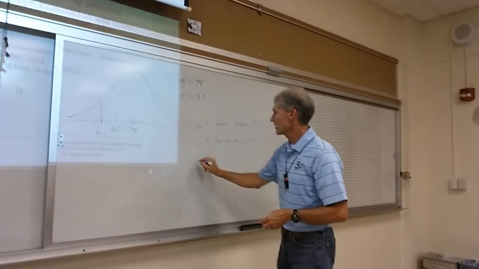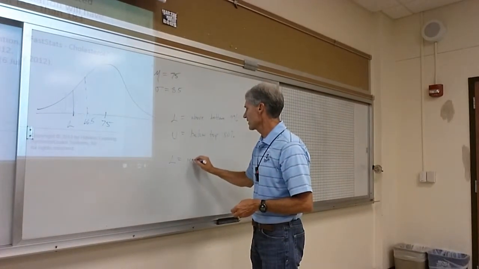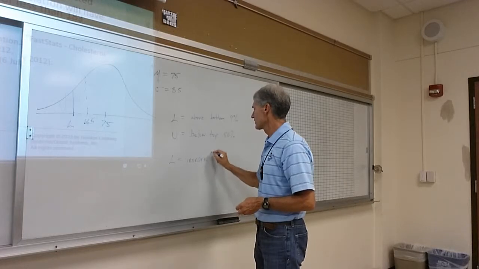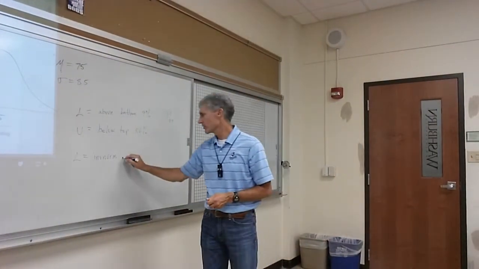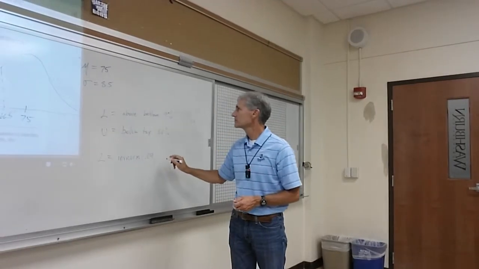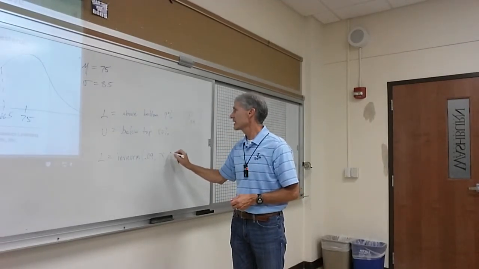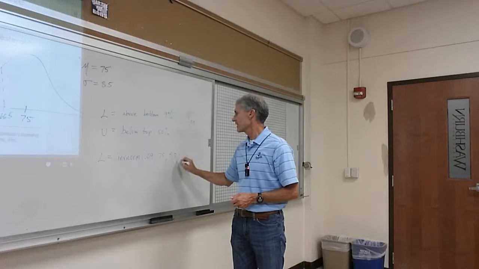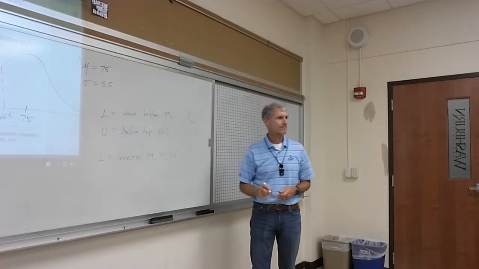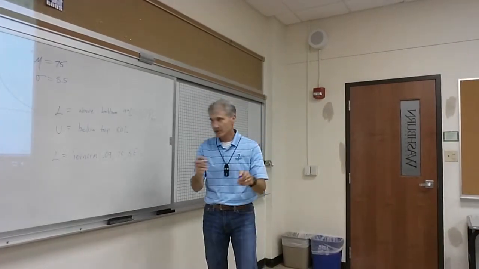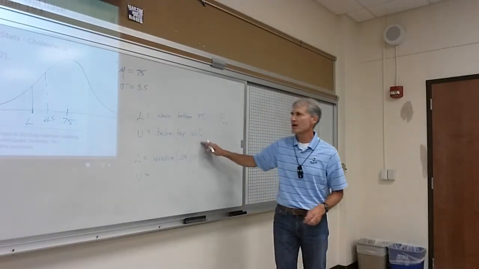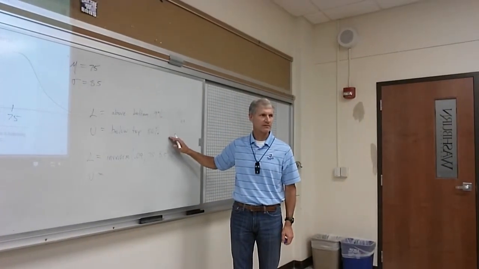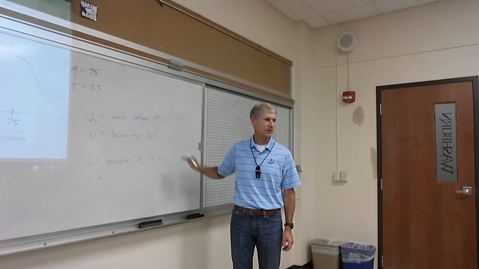Okay, so L is equal to what, using the inverse norm function? What do you enter? 0.09, 75, and 8.5. Okay, while you're working on that, let's do the upper one. Below the top 80%. How do we work with top 80%?